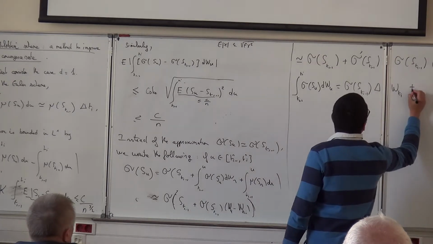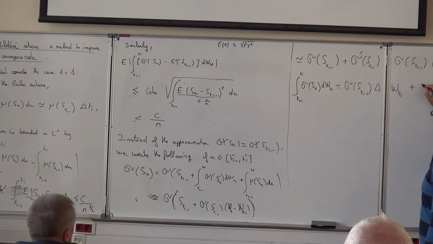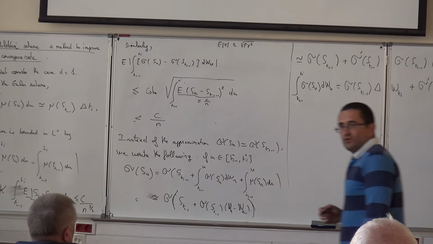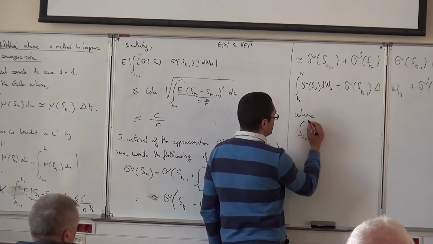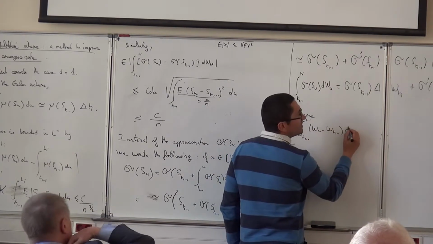So when you compute the integral of this between T_{i-1} and T_i, you first get sigma'(S_{T_{i-1}}) sigma(S_{T_{i-1}}) times the integral between T_{i-1} and T_i of (W - W_{T_{i-1}}) dW, and this is a classical result.